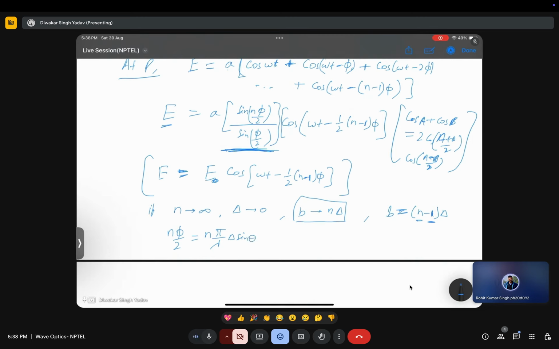The 2 gets cancelled from numerator and denominator. n delta you have here becomes b. So you have pi by lambda b sine theta.